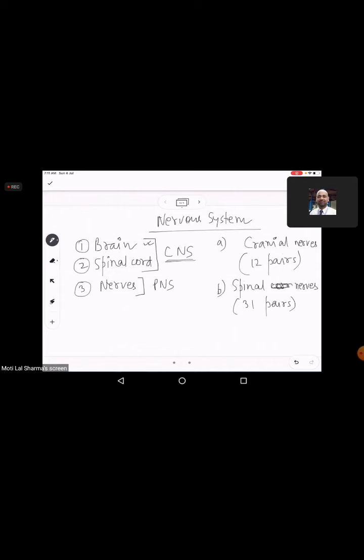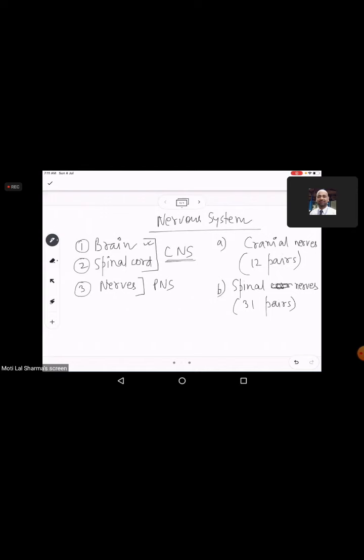But when you study about nervous system in your textbook in grade 11 or 12, in 11 you'll study about the nervous system of earthworm, and in grade 12 you'll study about the nervous system of a mammal, specifically of a human.